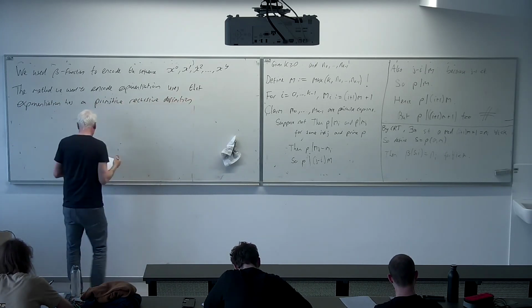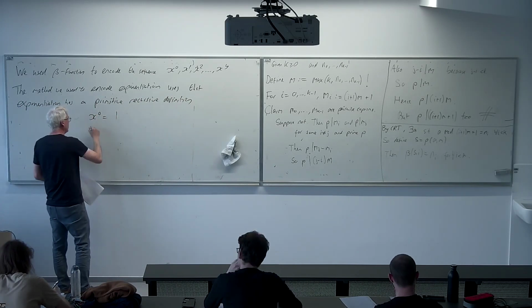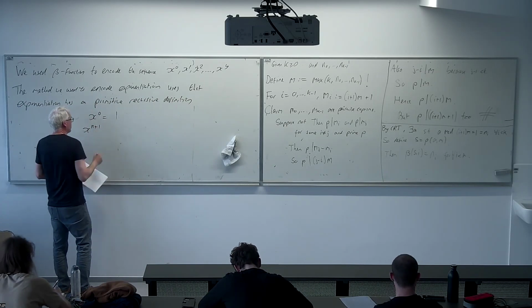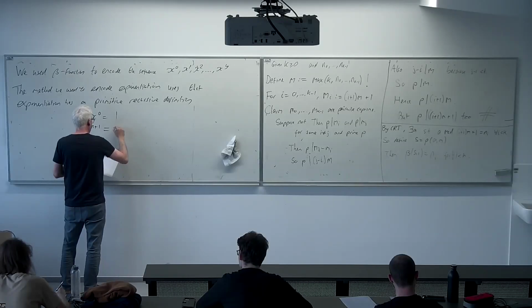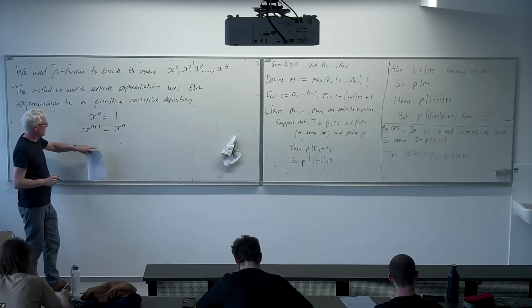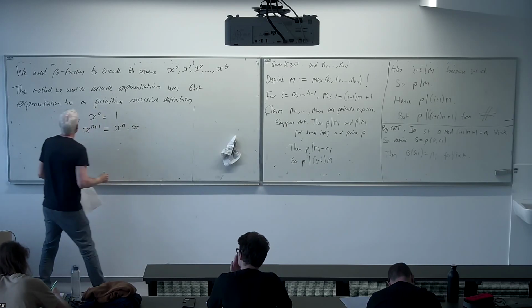So in the case of exponentiation, this definition is that x to the 0 is 1, and then x to the power of n plus 1: recursively compute x to the n, and multiply the result by x.